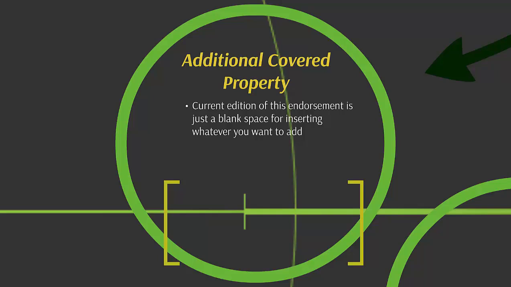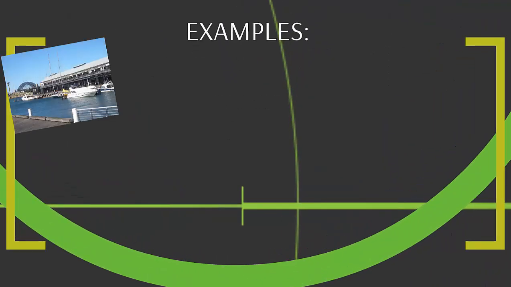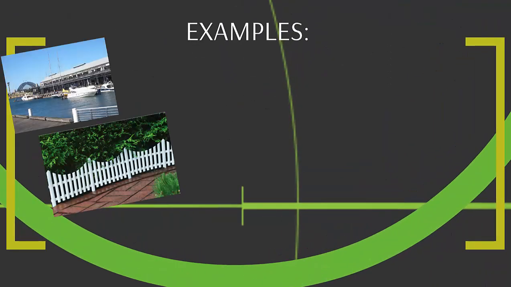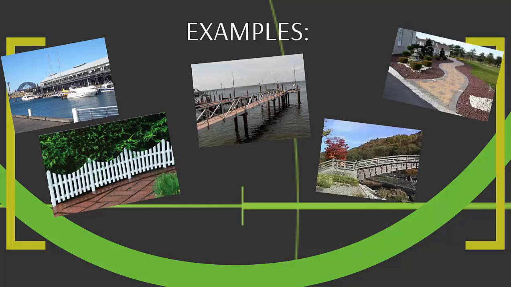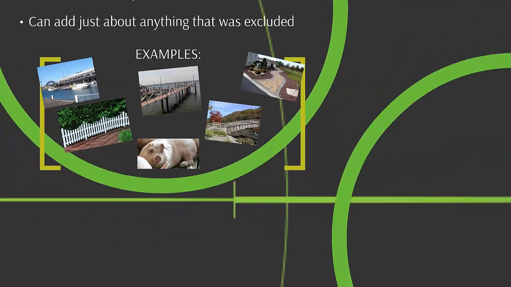The current edition of this endorsement is just a blank space for inserting whatever you want to add. An insured can add just about anything that was excluded in the commercial property policy. Some examples are wharves and piers, outdoor fences, docks, walkways, bridges, and animals.